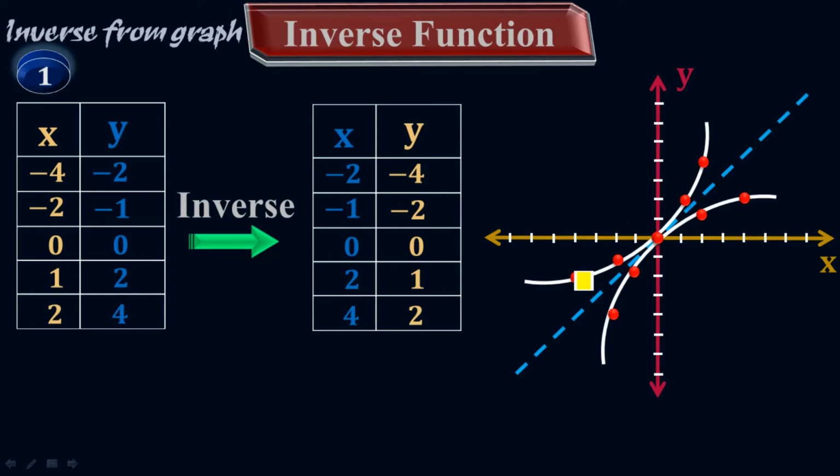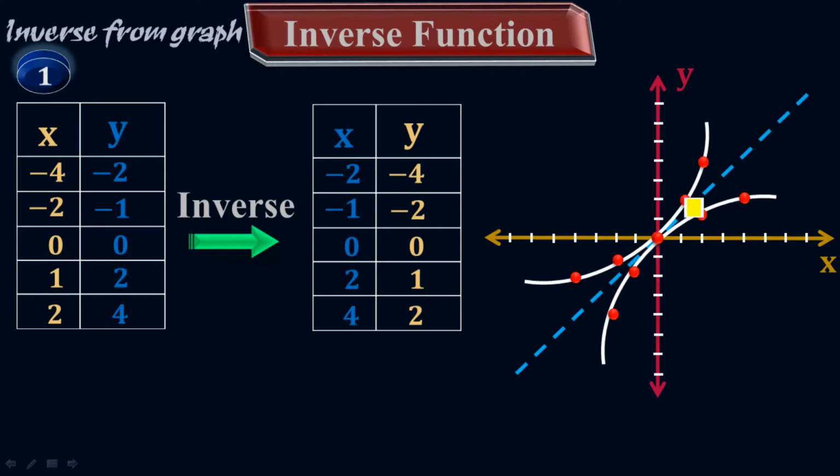When you compare this point of the original function with the point of the inverse function here, it is the adjacent point of the inverse function. As we know, this x becomes the y value and this y becomes the x value. So at x equals -2 for the inverse, it makes the point -4 along the y-axis. These -2, -4 are the coordinates for the inverse function for this point.